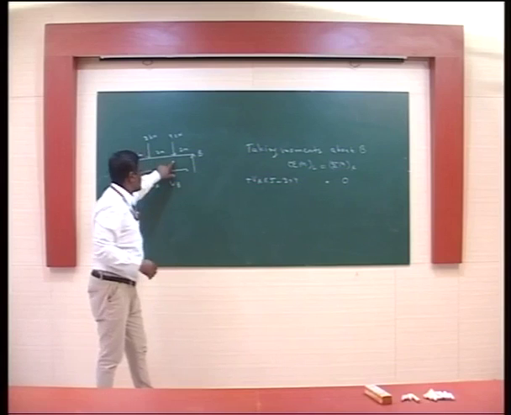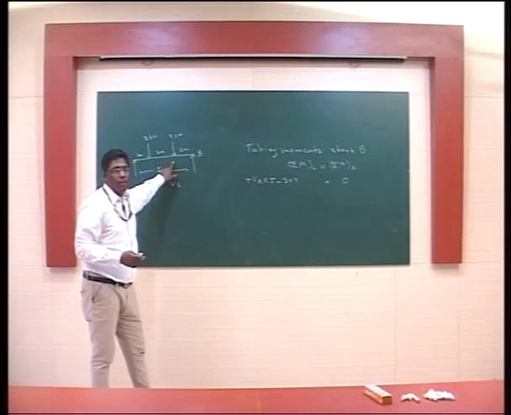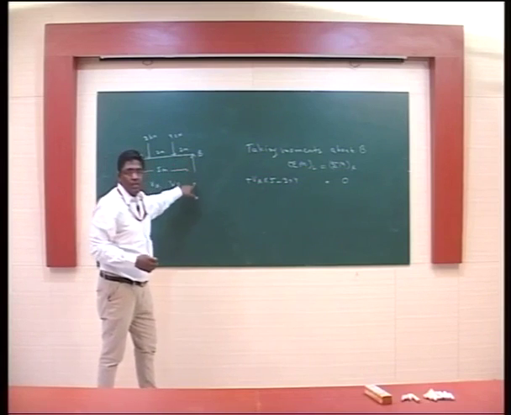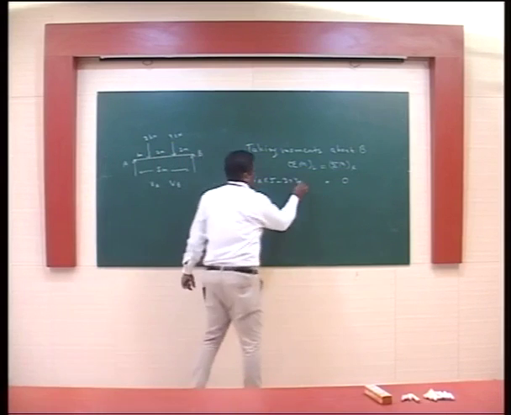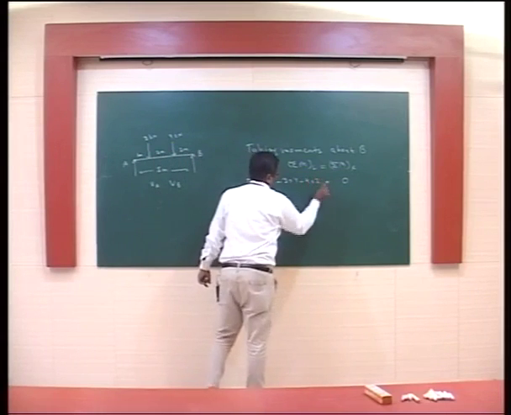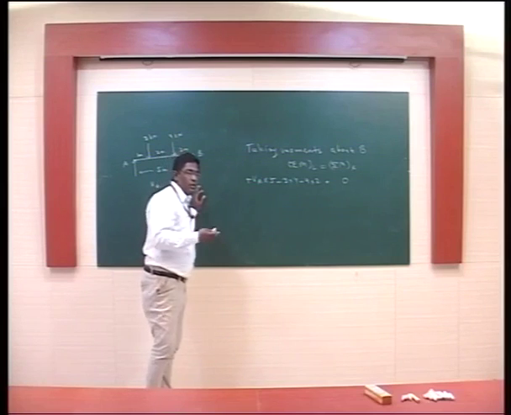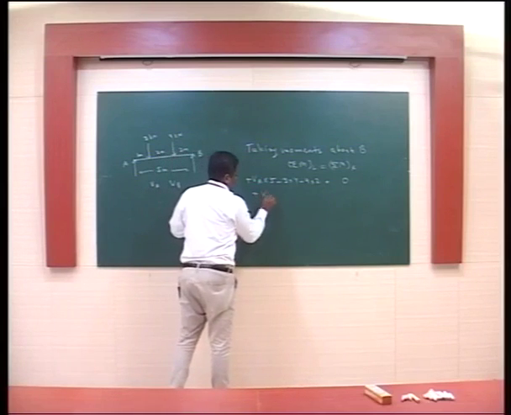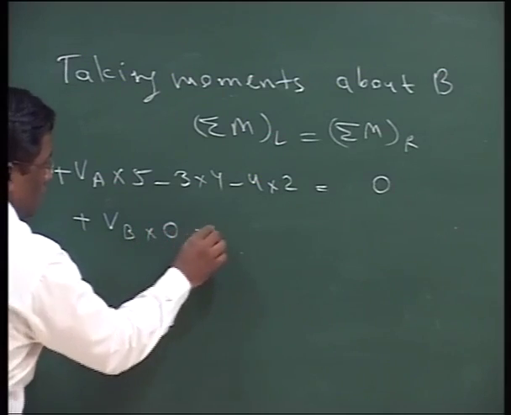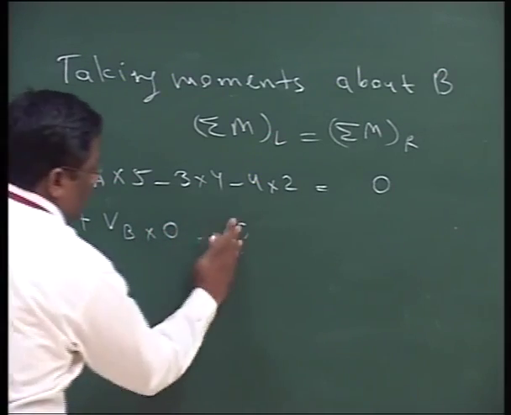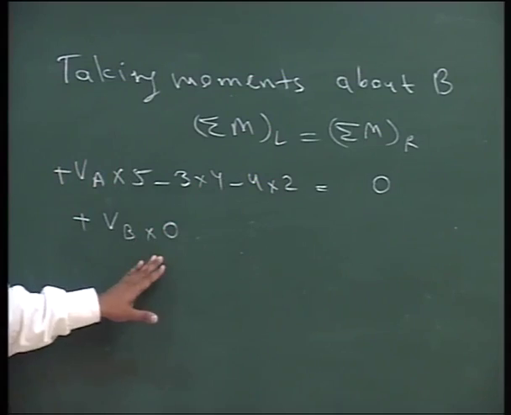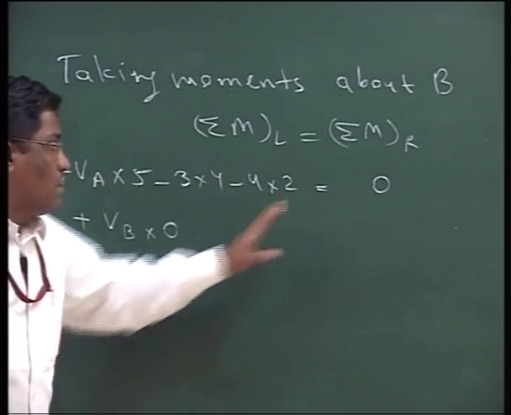It is also on the downward side, so it will cause a negative bending moment, and the distance of it from B is 2 meter. Now the last or fourth force is VB itself. VB is actually situated at B only. So it's quite obvious that it will be multiplied by 0, and these 4 terms have to be equal to 0.